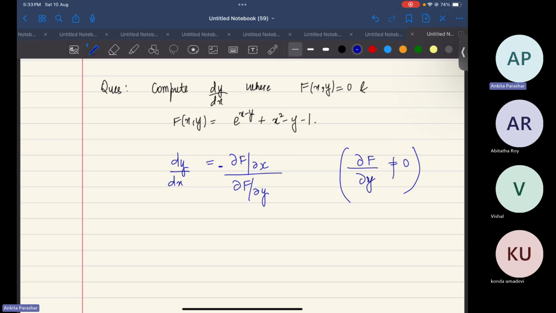So can we do this, by the way? Can you please check what this ∂f/∂y is? ∂f/∂y would be minus of e^(x-y) minus 1.